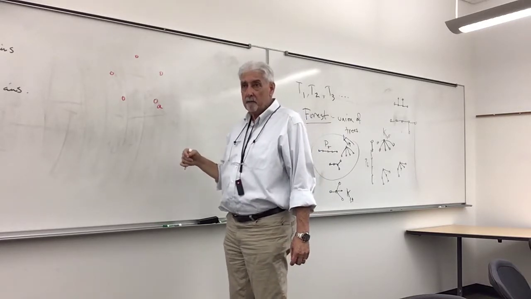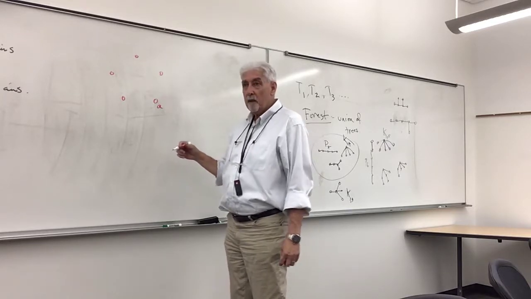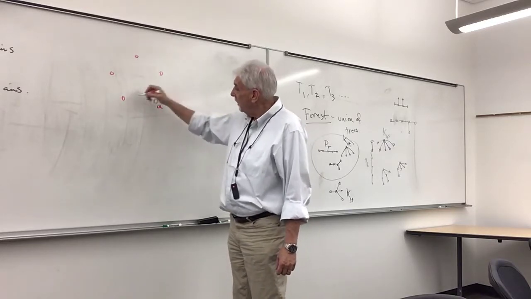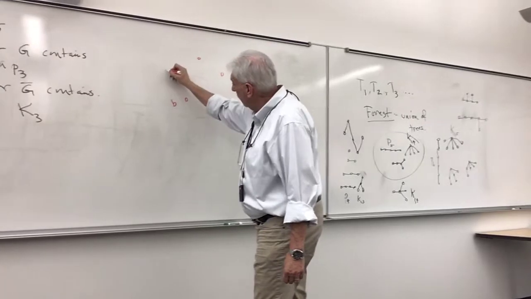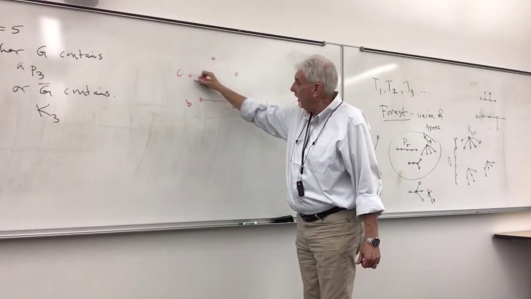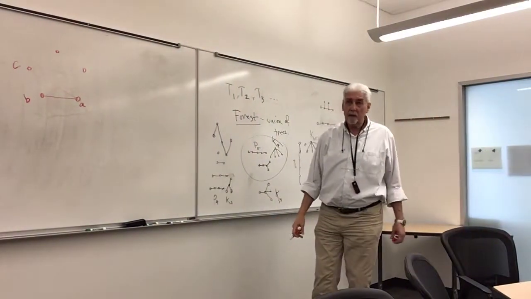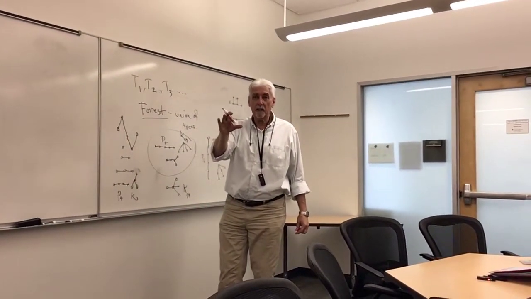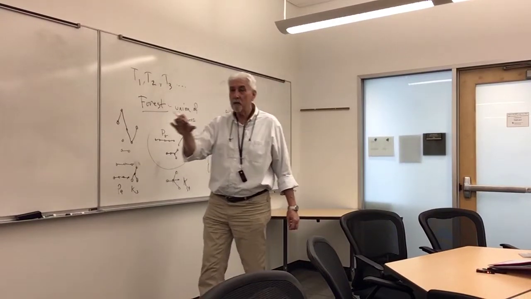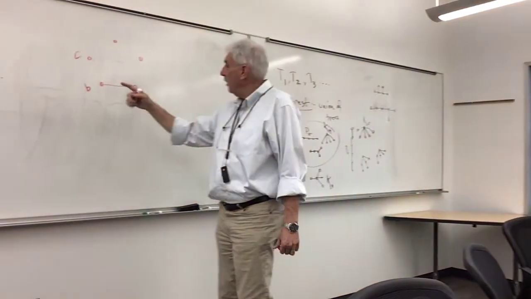I'm not sure if we're in G or G complement, but we'll just say 2 of those other vertices, we call them B and C, are both connected to A. So if A is adjacent to B and C, now I figure we have 2 cases. Either B and C are connected or they're not connected.